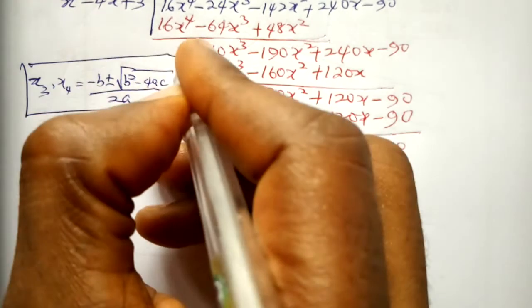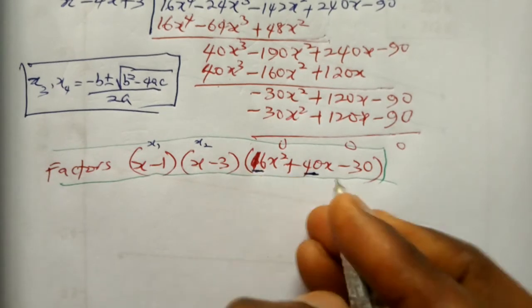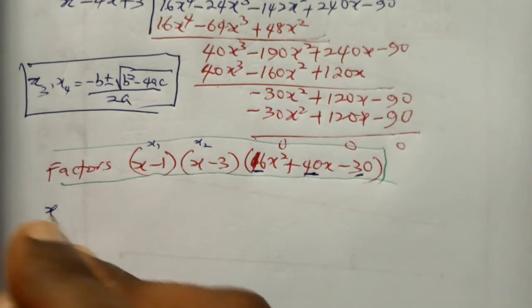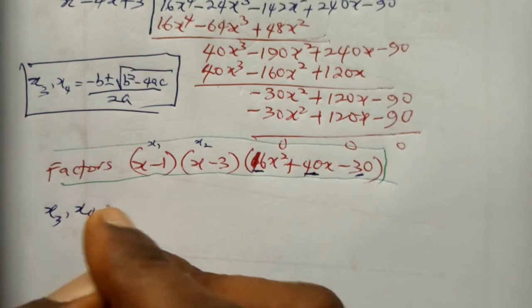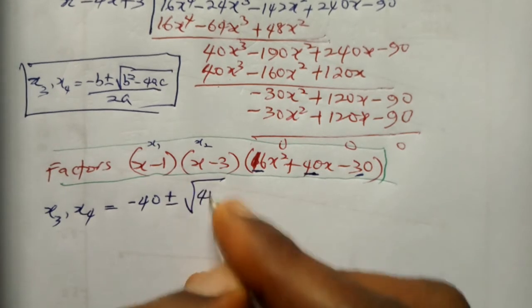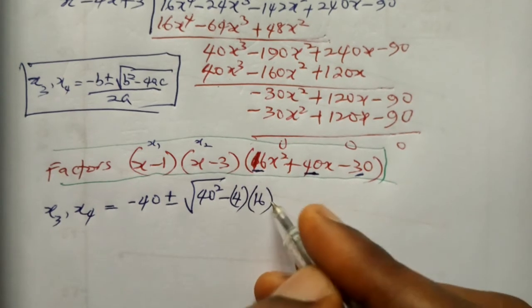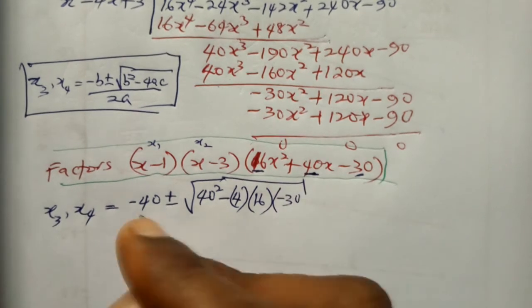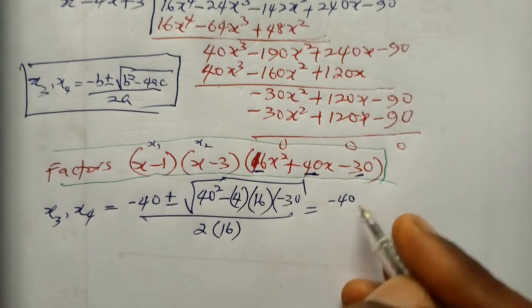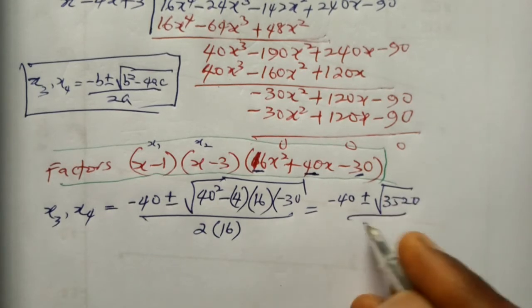So if we use this here, our b is 40, our a is 16, our c is minus 30. So x3, x4 will be minus 40 plus or minus square root of 40 squared minus 4 times 16 times minus 30, all over 2 times 16, and that will give us minus 40 plus or minus square root of 3520 over 32.